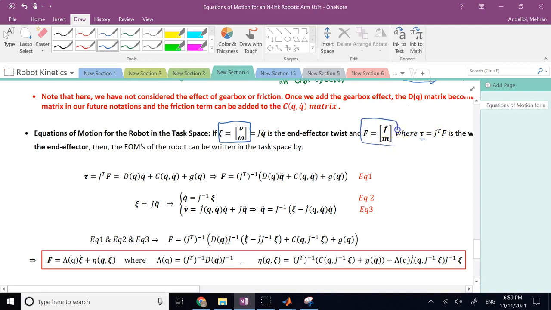And here this capital F has two components. It is a 6x1 vector. The top 3x1 part of it is the forces acting on the end effector, and the bottom part of it, this M, is the 3x1 moments acting on the end effector. Okay, so let me add that for you here.